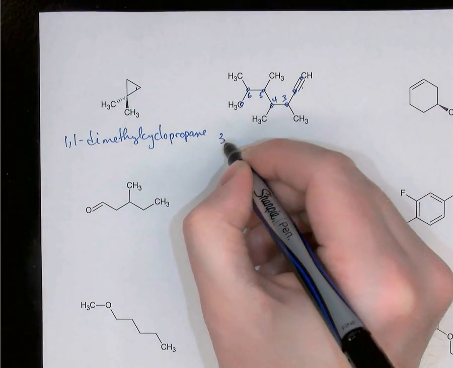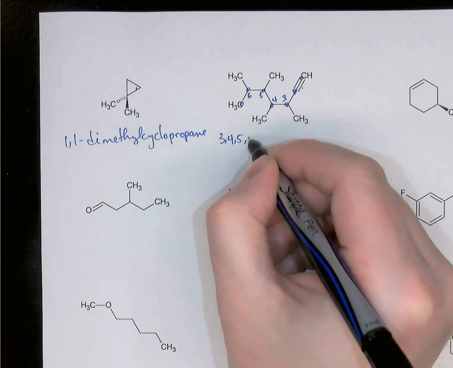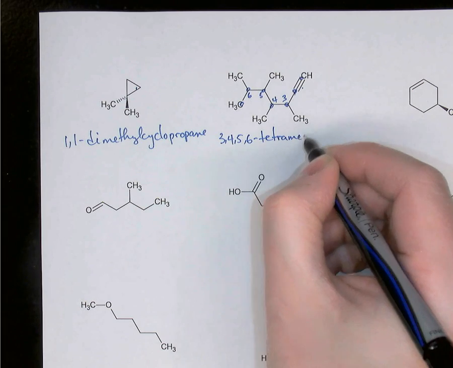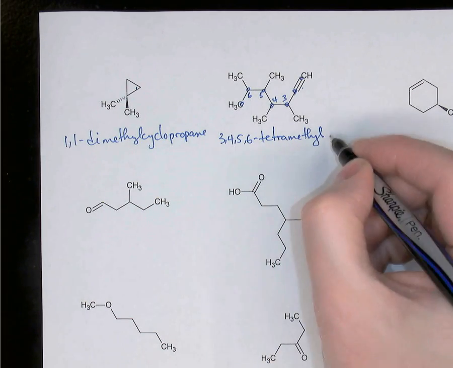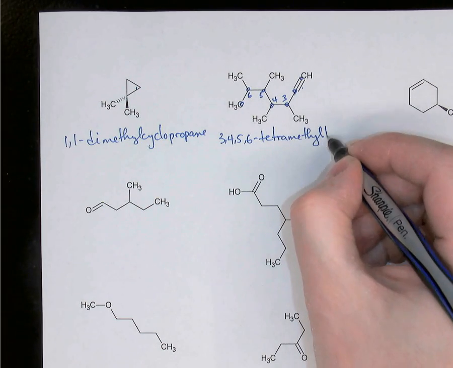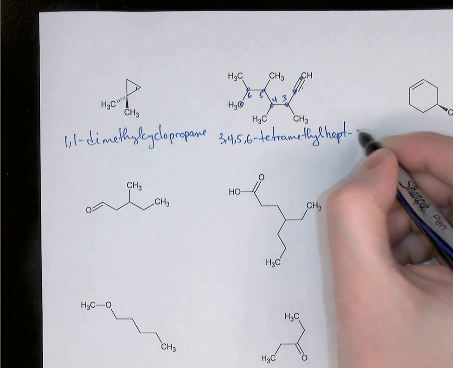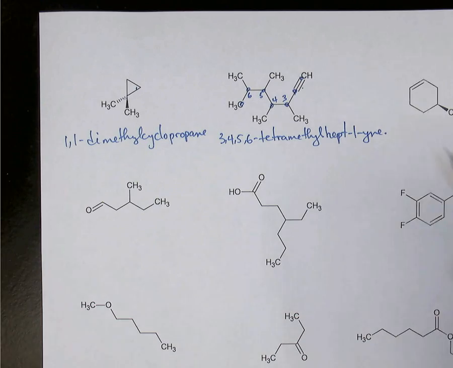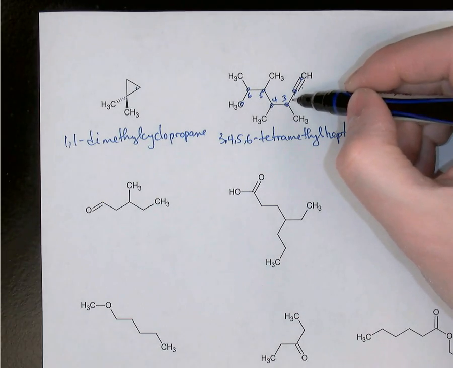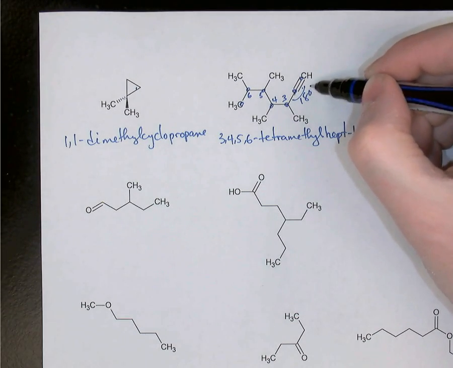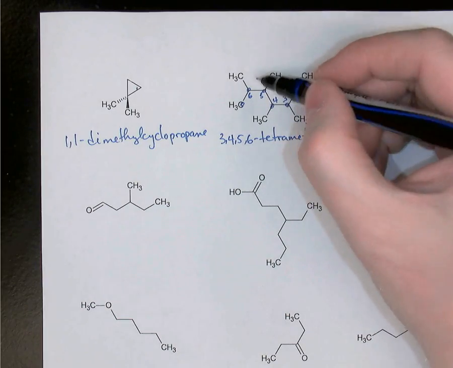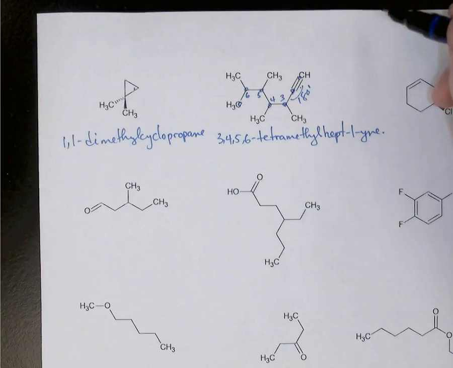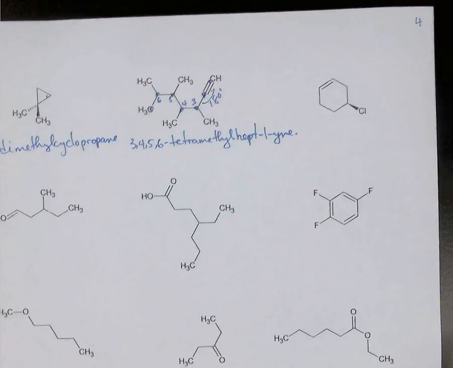So 3, 4, 5, 6, tetramethyl, and then there were 7 carbons, so hept-1-yne. And remember, when there's a triple bond involved, the bond angle is 180 degrees. When there's only single bonds, 109.5 degrees. If there's a double bond, 120 degrees.